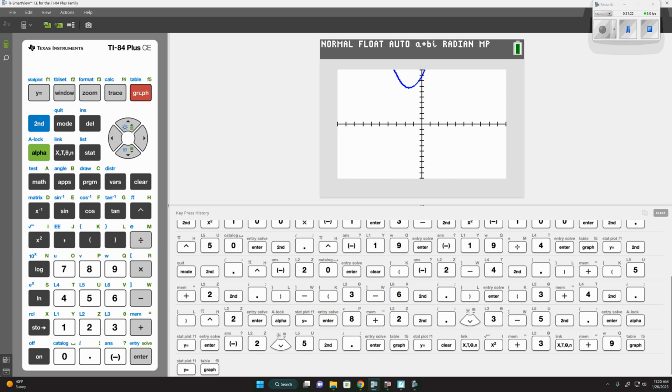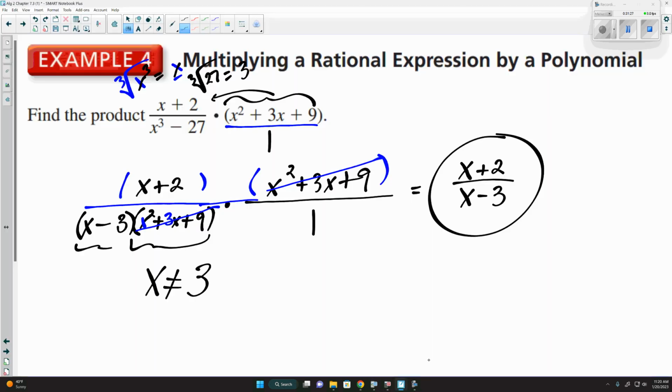No. So is there any way we can make it be 0? No. So that means that this part of the rational expression can't be 0. It has no restrictions. So not every polynomial in the denominator will have restrictions. Some will, some won't. But that there is our final answer.